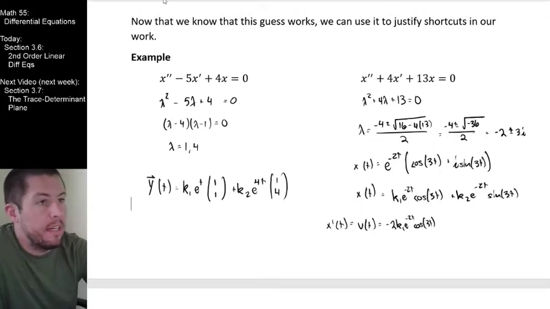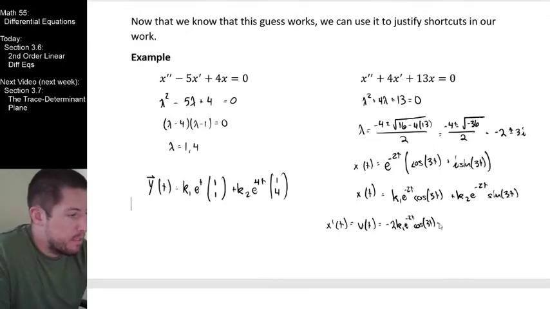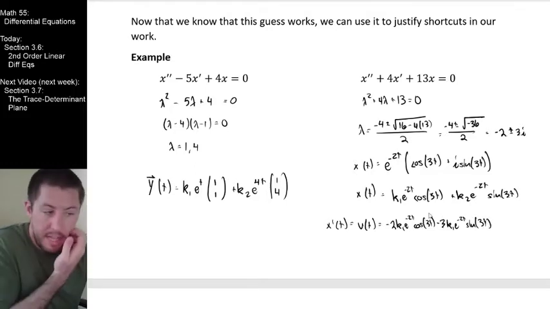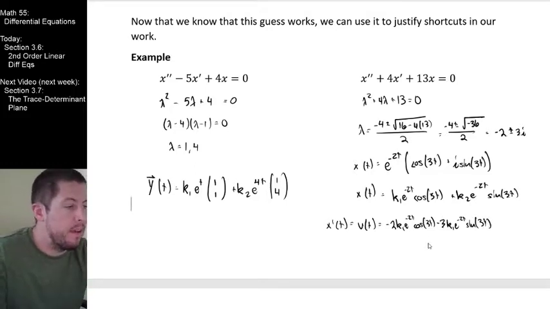So minus 3 k1 e to the negative 2t sine of 3t. That's our derivative from our first term right there.